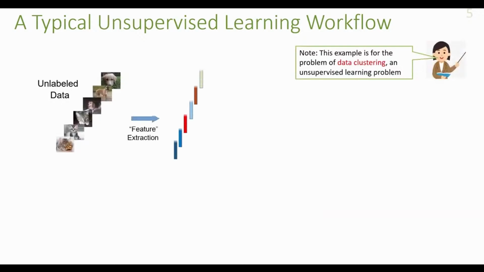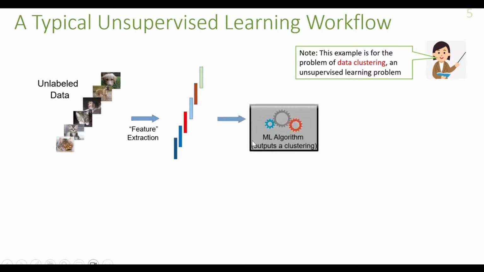Yes. In the unsupervised learning workflow, we only have unlabeled data and we don't know the associated labels. But again, since we are building a machine learning model, we cannot pass images directly into our model. So we will convert these images into some numerical representation, and then we will use machine learning models.